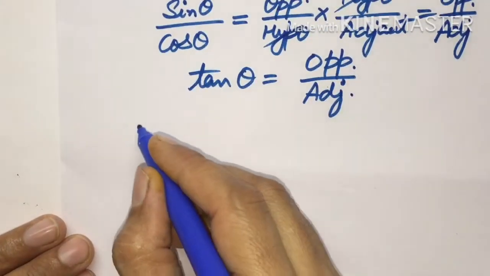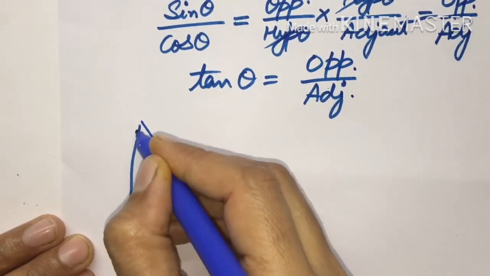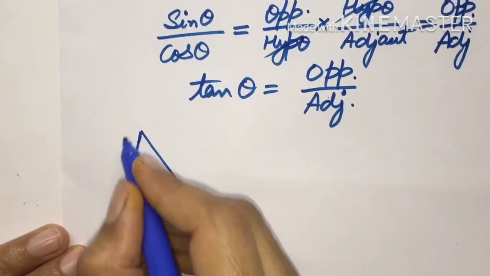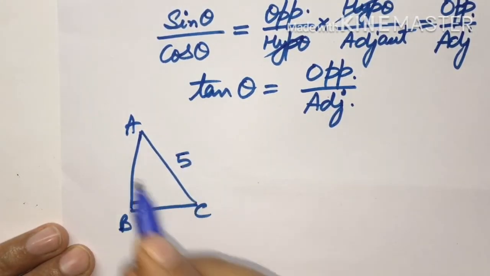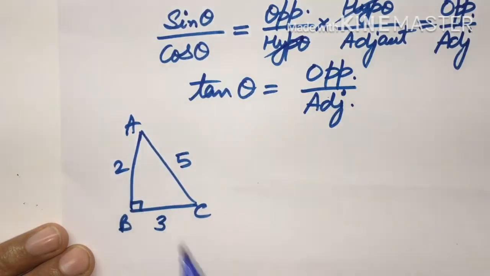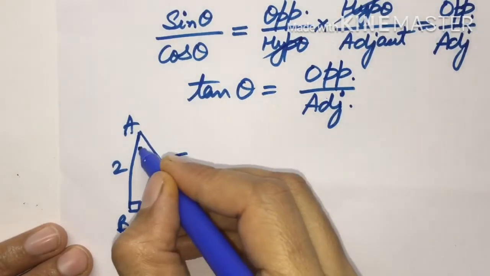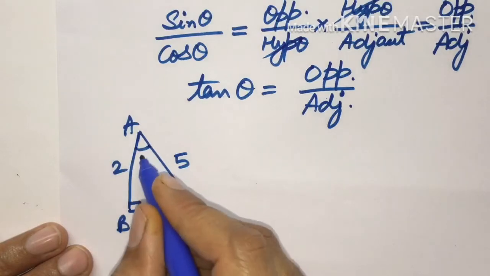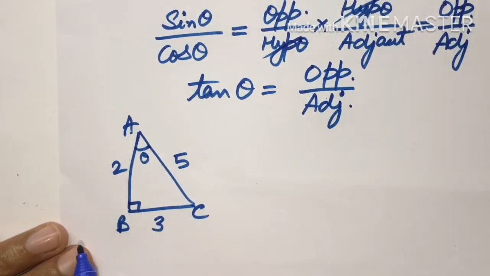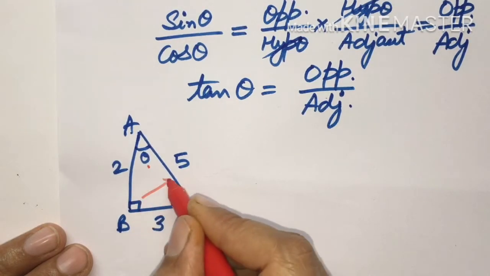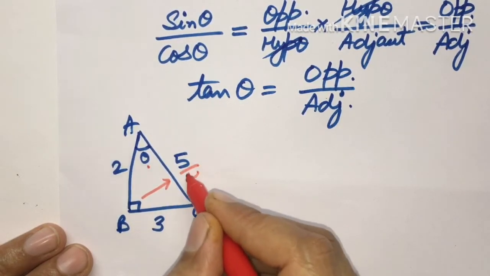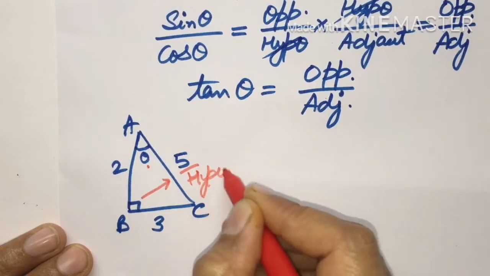I will take one example. If sides are given in the triangle ABC, suppose this is 5, this is 2, this is 3. I am taking this angle A as theta. According to this theta, opposite to 90 degrees, 5 is the hypo.